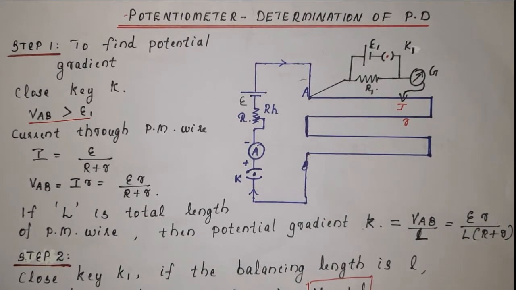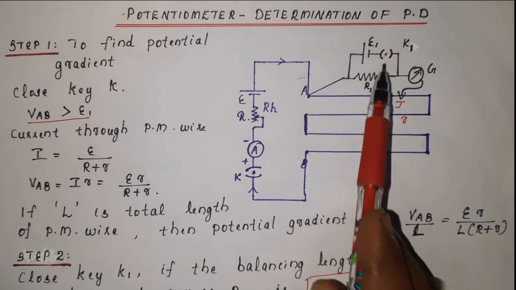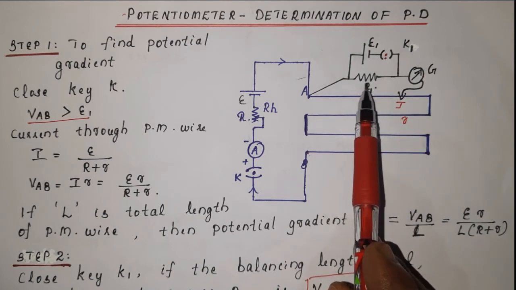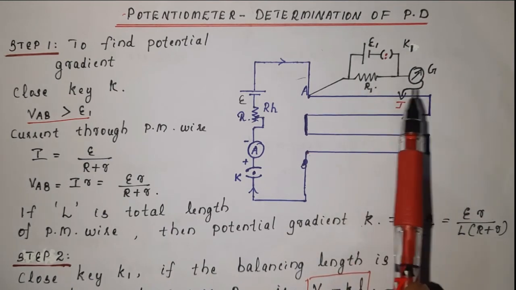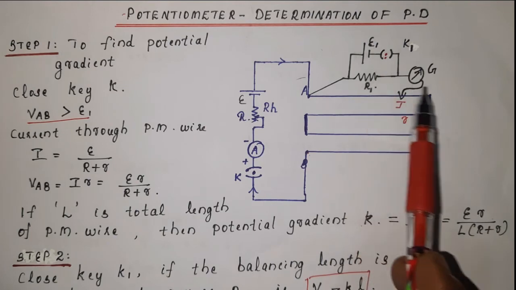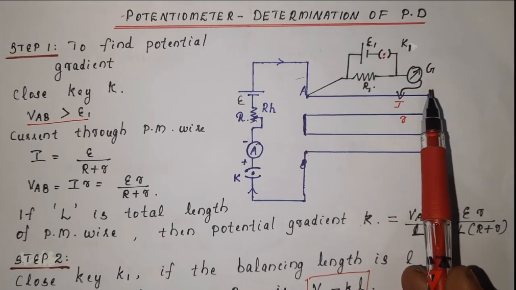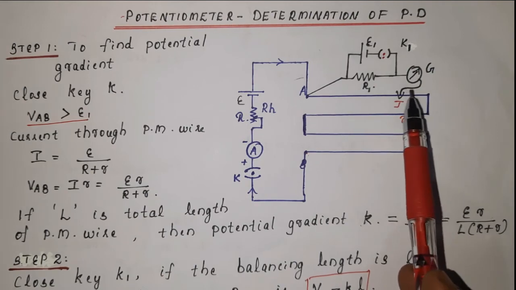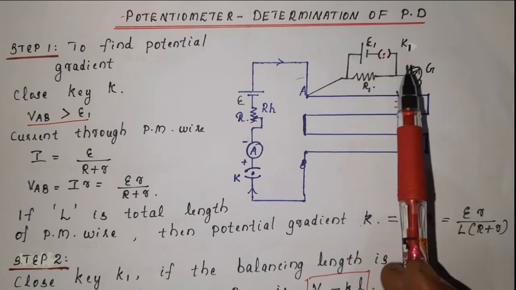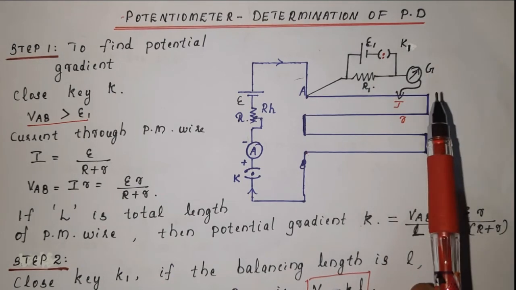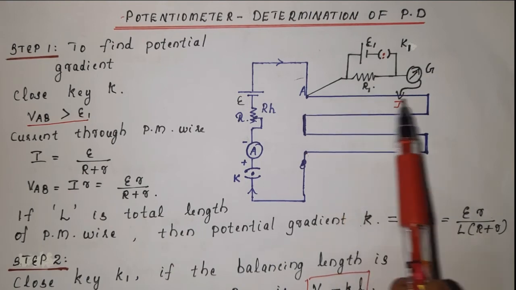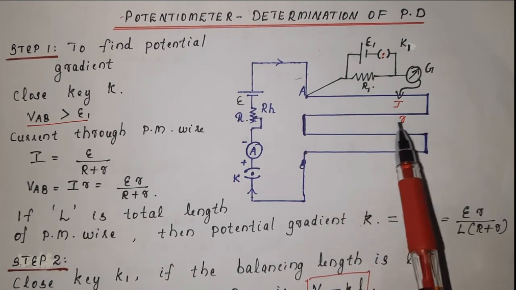Now after finding the potential gradient, as the next step, we have to keep the key K1 closed. At that time, the current will be passing through R1. So the potential difference across R1 we can find. For that, you need to look for the balancing length on the potentiometer wire. Balancing length means, after keeping the key K1 closed, press the jockey on the potentiometer wire at different points.